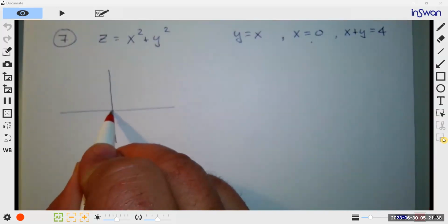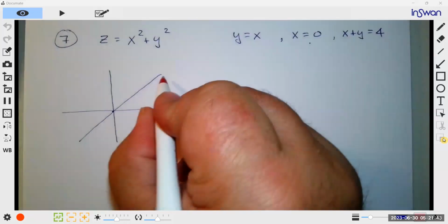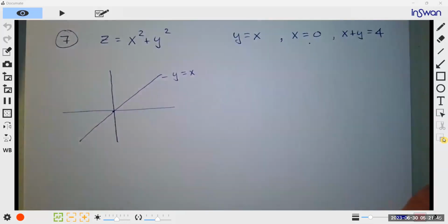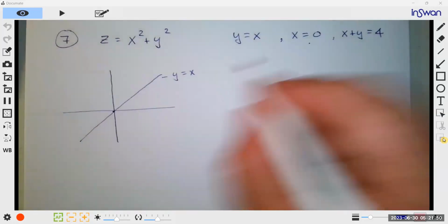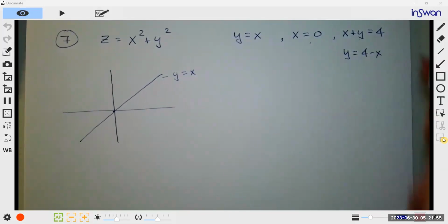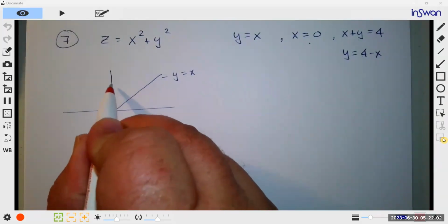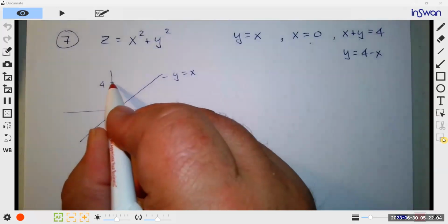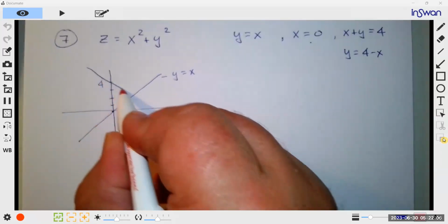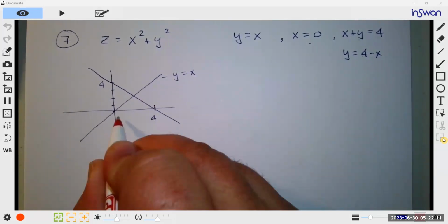X equals 0, the line y equals x, and then since we solve this one for y, the graph of that one is going to start at 4, and it's a downward sloping graph, and it crosses the x-axis at 4.